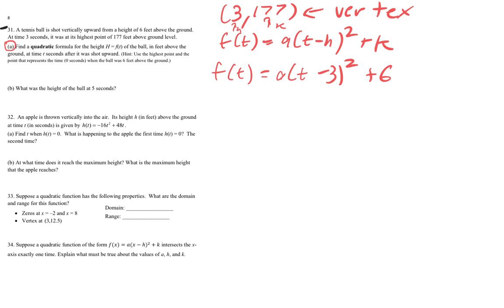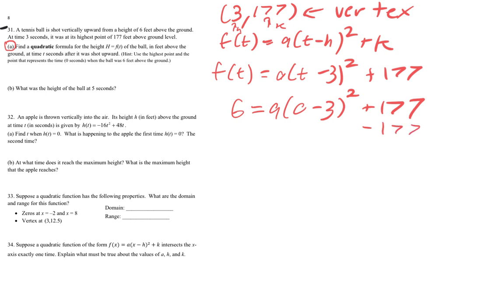According to our hint, when it's 6 feet above the ground, we know our time is 0, right? So 6 equals a times (0 minus 3) squared plus 177. We're going to subtract 177 on both sides, so 6 minus 177 leaves us with negative 171.